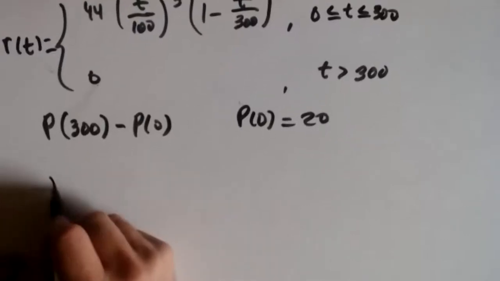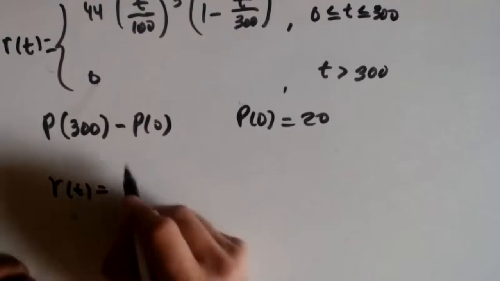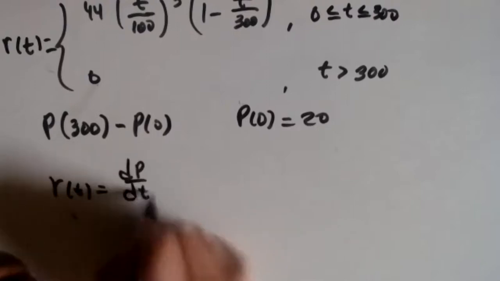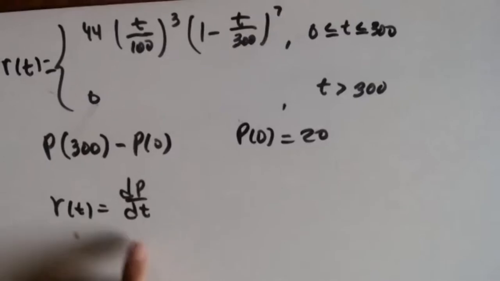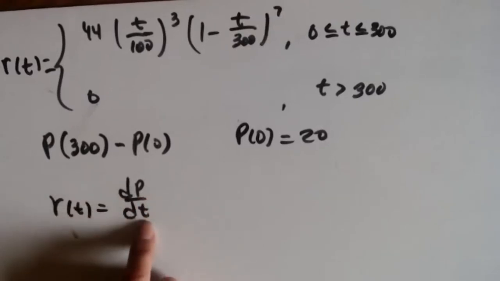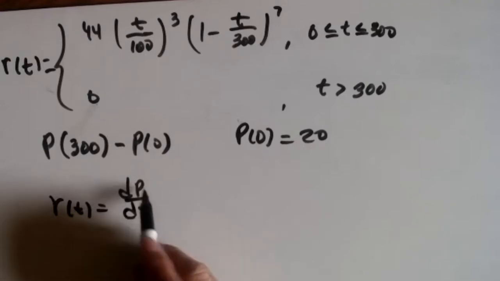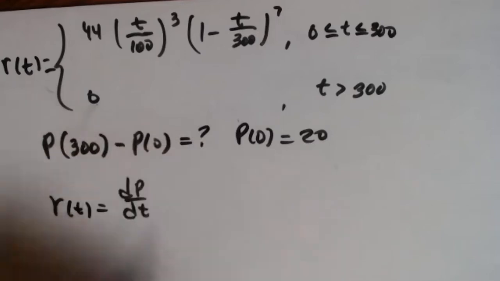So remember, R of t is dP/dt, correct? I told you, by the units it is the derivative of the function number of persons divided by time, correct? Now, I need to find P. So this is what I need to find.